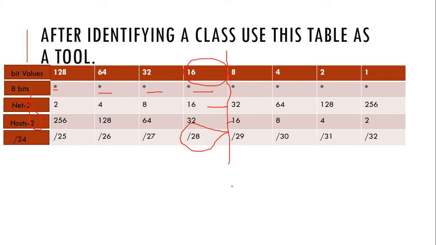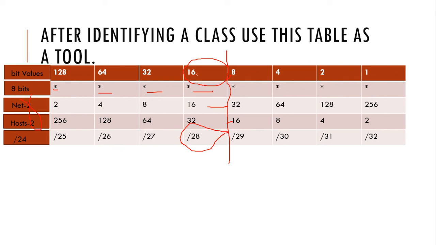And then in order to find our subnet mask, we add the values of our bits that we borrowed. The value of this bit is 128, and the value of this one is 64, then 32, then 16.